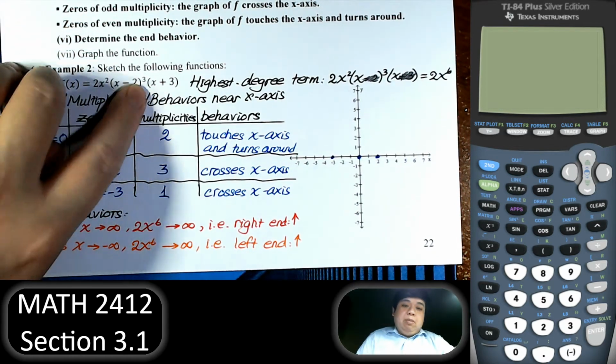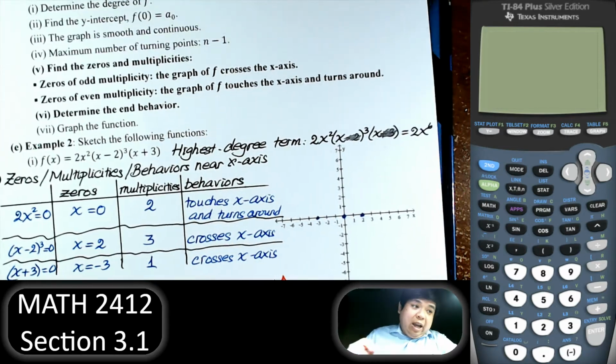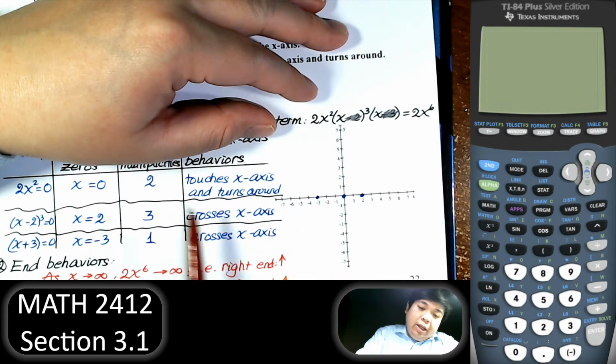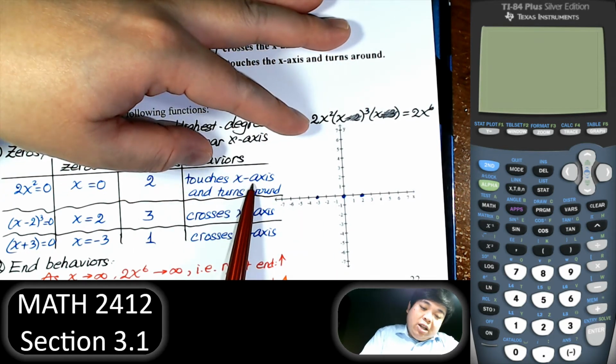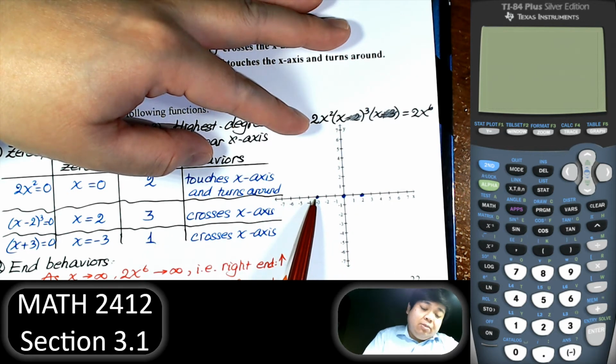Because that is the highest power term. So the right end is up, the left end is also up. At 0, it will touch the x-axis and turn around. At 2, it will cross the x-axis. At negative 3, it will cross the x-axis.